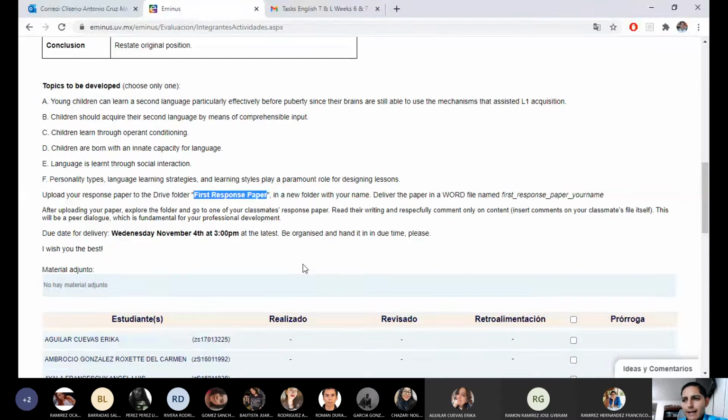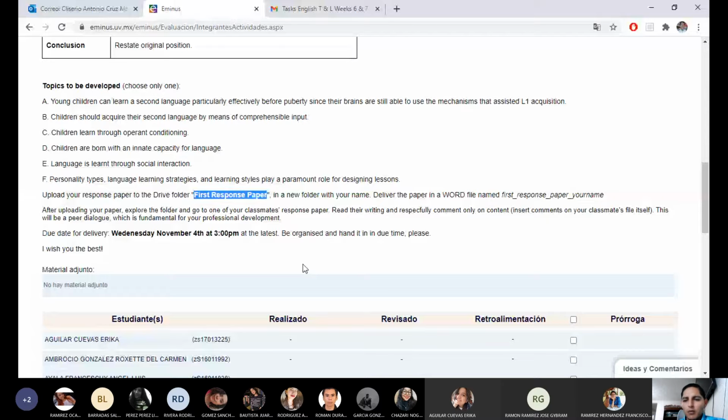Structure your topic sentences very well, and well, try to be critical with your classmates' ideas. Try to be respectful at the same time, but also discuss the main points they state and try to be critical to foster discussion, okay? This is what you need to do.